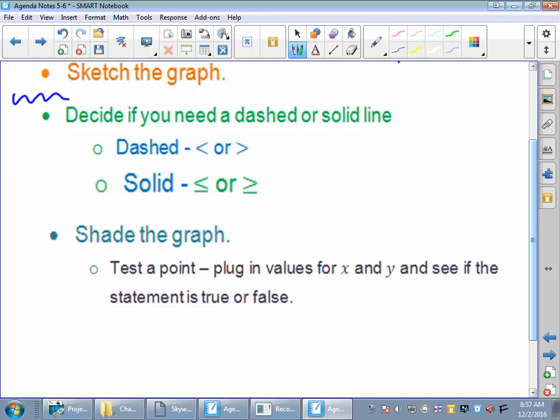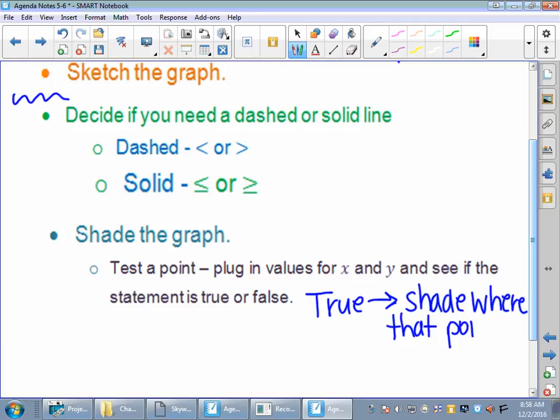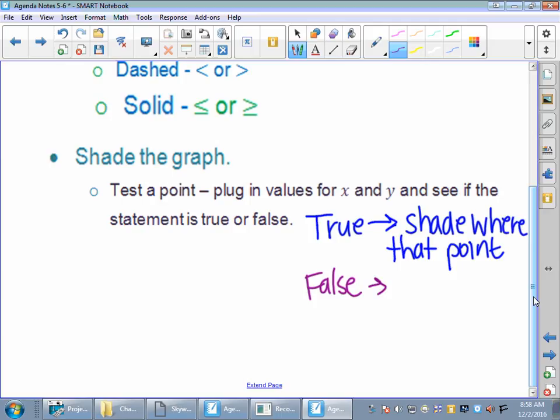If it's true, you want to shade where the point is. Shade where that point is. If it's false, you want to shade on the other side of the line. You don't want that point shaded.